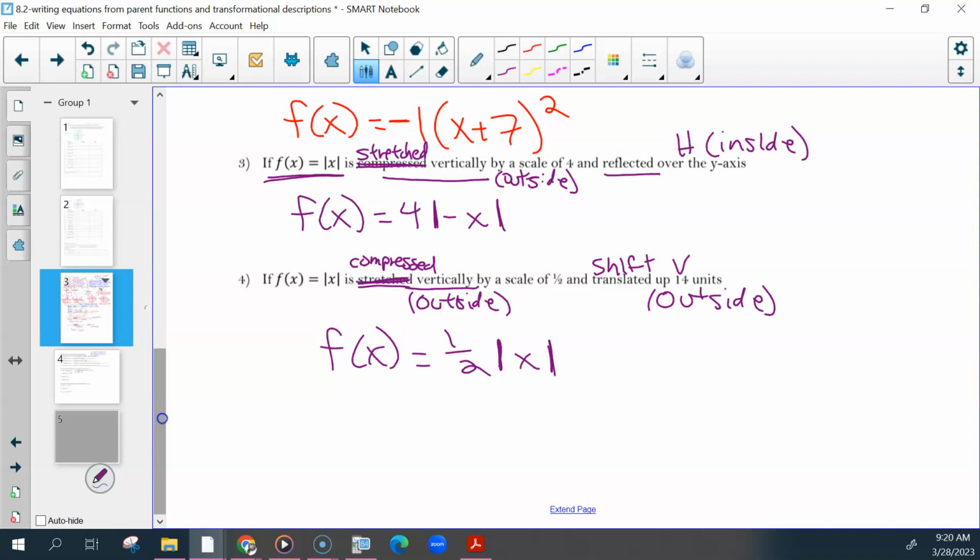And then how would we write the translated up 14? Okay, 14. So being able to recognize what's being given, what type they are, what directions they are, where they need to go, really helps you be able to write this. What questions do we have on this one?